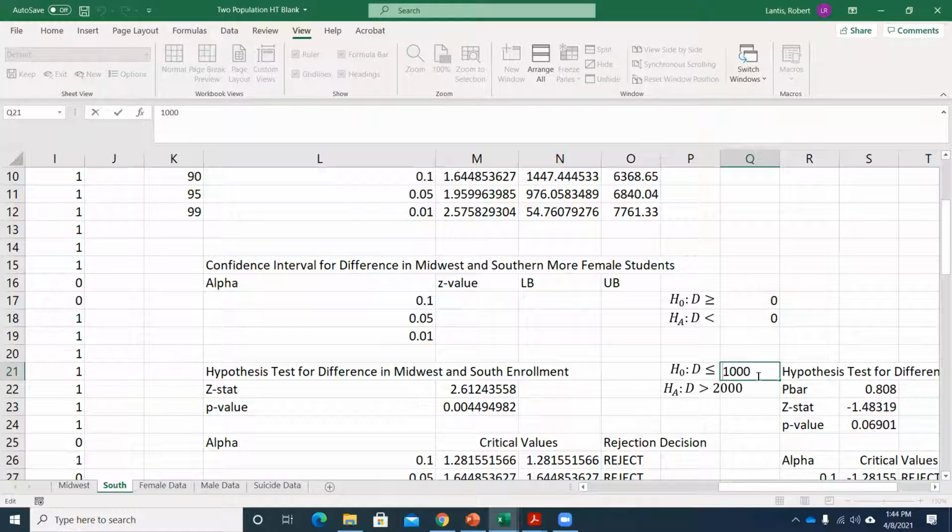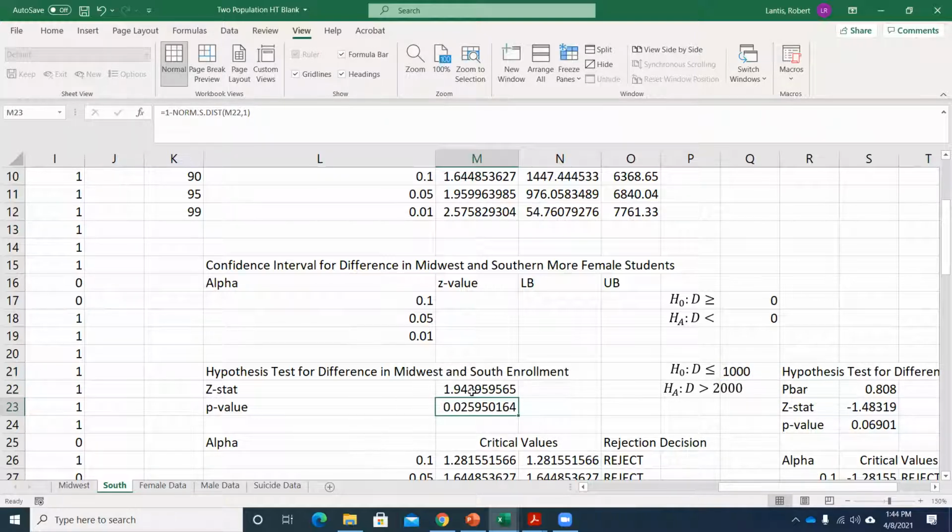So I could play around with this value, and instead of using that 0 value, I'm now going to use this 1,000. Now notice, based off my sample evidence, I don't have as strong evidence that the true difference is greater than 1,000.